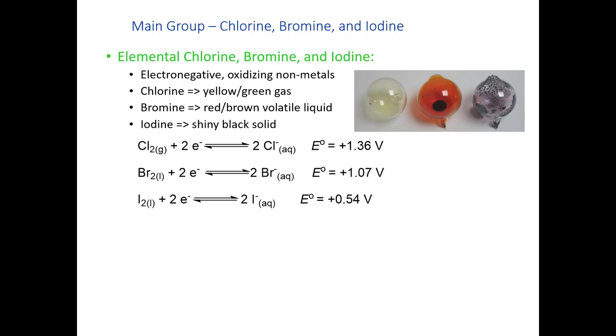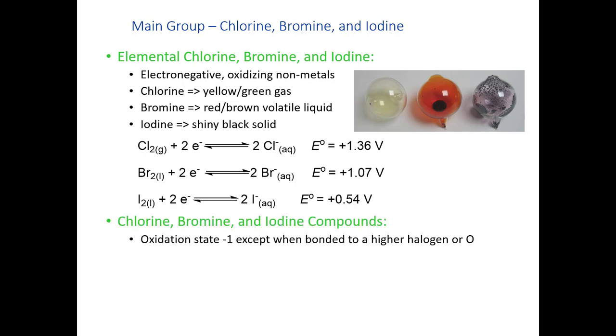Looking at their reduction potentials, we can see that chlorine, bromine, and iodine are all fairly oxidizing, but their reduction potentials become less and less positive as you go down the group. Fluorine still follows this general trend, but it is much more oxidizing than expected.